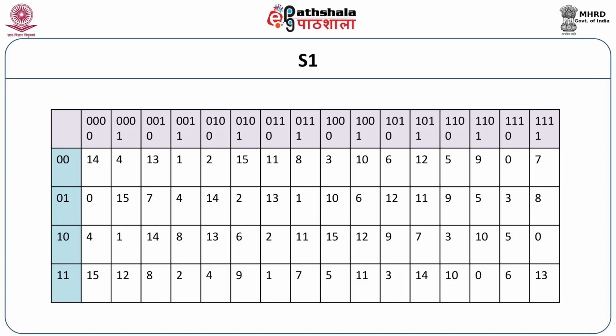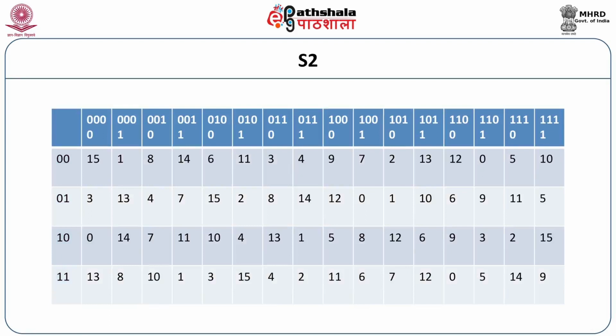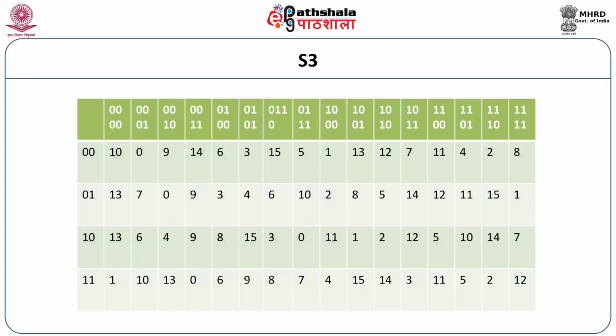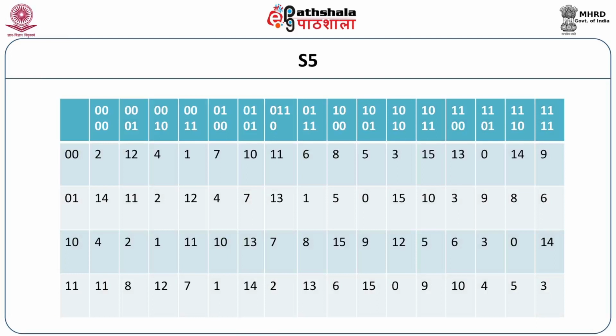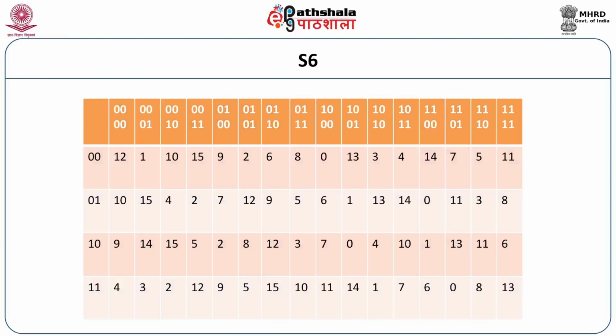You can check the entry, as I said, first row and 13th column, it represents 5. In such a way, you can look at the S box S2, S3, S4, S5, S6, S7 and S8.